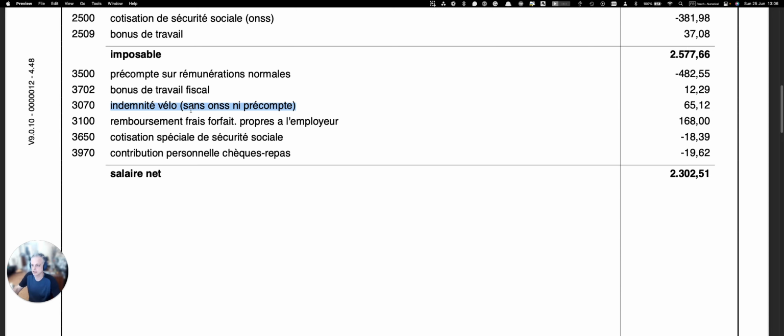The next is, in French it says remboursement de frais forfaitaires propres à l'employeur, and she's getting 168 euros, non-taxable as well, a month for this. So what is this? So that's a situation where the employee has to pay cost that is directly related to the work this person is doing.